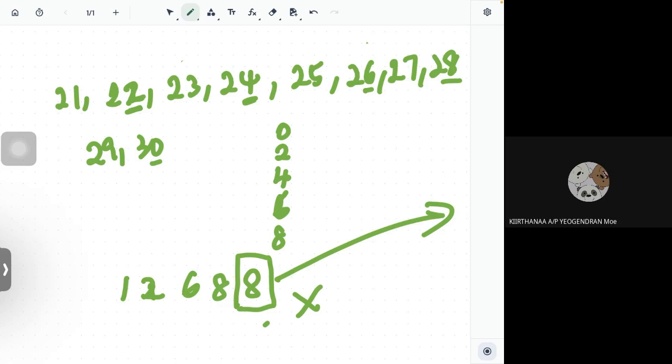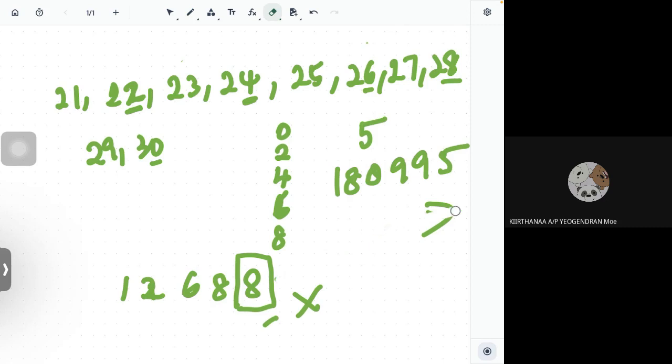And then the second one, we must cancel out the numbers with the last digit 5. For example, 180995. Is it divisible by 5? So this one can be divided by 5.